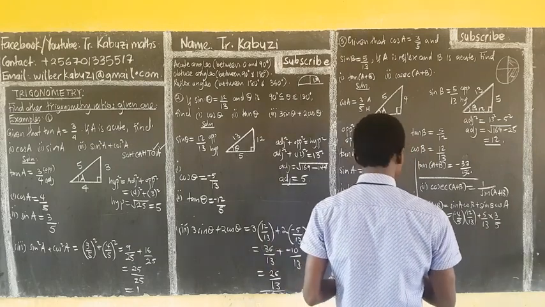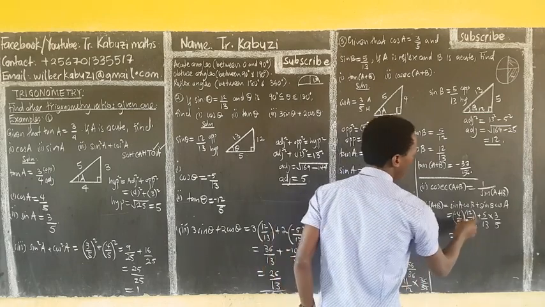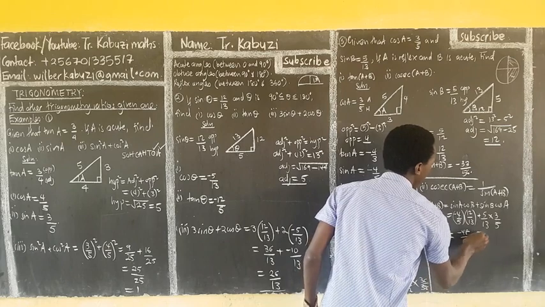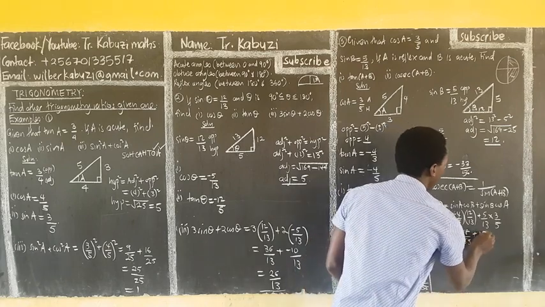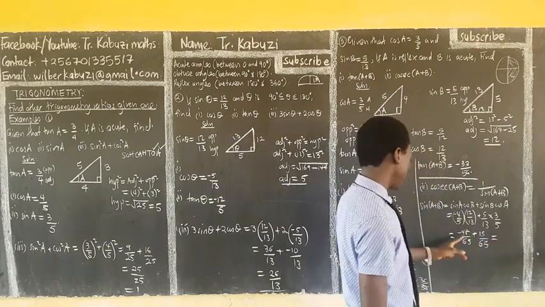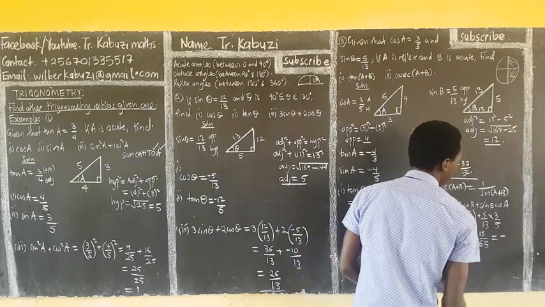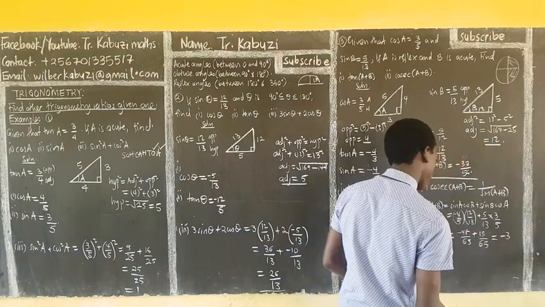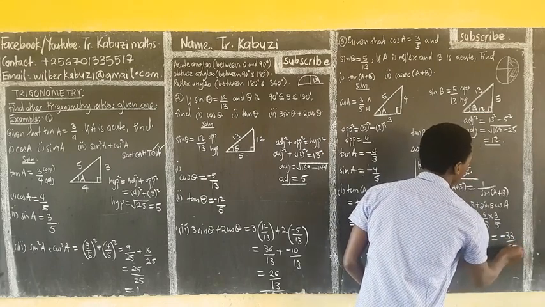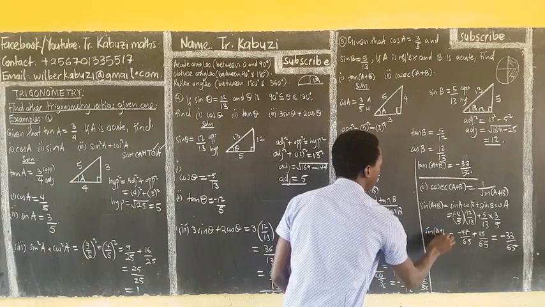You see that we are going to be having 5 times 13, 65. So up you have negative 48 over 65. Then plus, you have there 15 over 65. When you simplify this, negative 48 plus 15 will give negative 33 over 65. So this is your sine of A plus B.